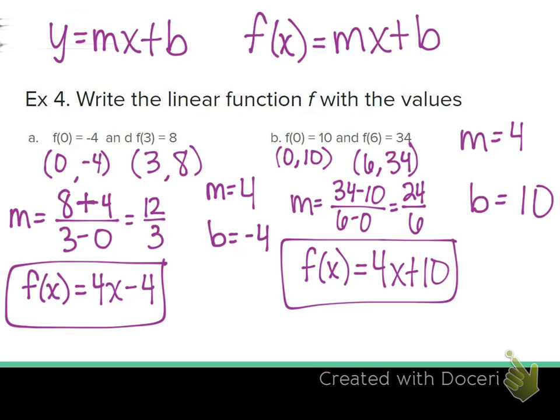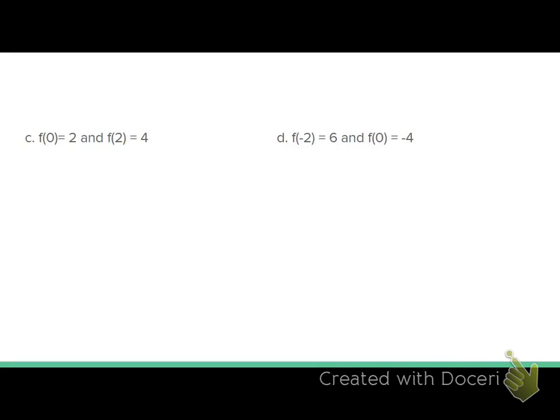Questions, concerns about number 4, A or B? Now, can I do the next one? Sure, Jaysha, talk me through the next one. Okay. So 0, 2, good. 2, 4. Okay, we got our points. Y-intercept is 2.